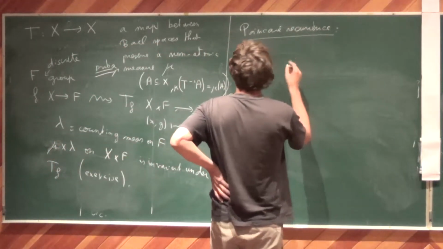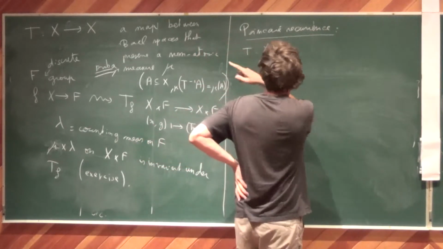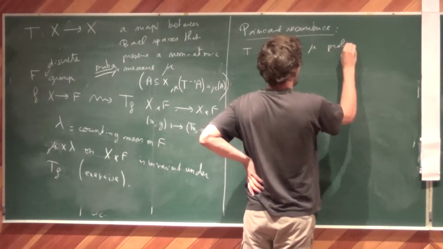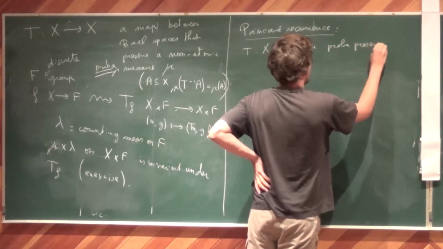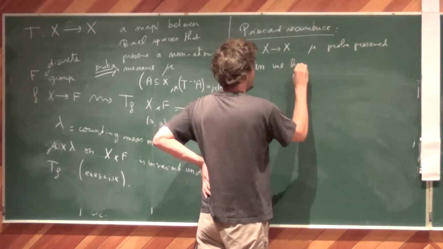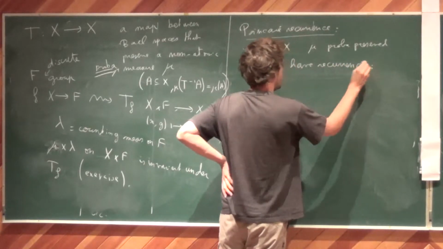So here you pick the same scheme as here, mu a probability measure preserved. Then we have recurrence. So what does recurrence mean in that scheme?